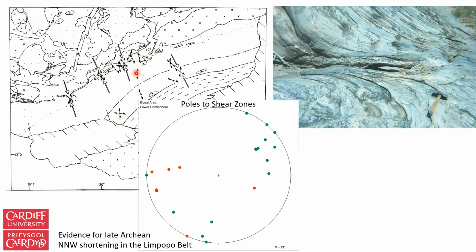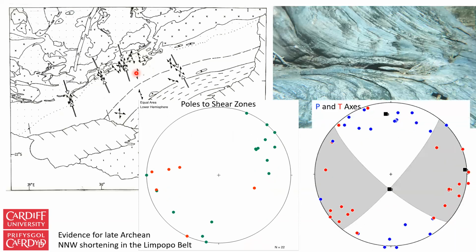If we plot them up, you can see that they fall nicely into dextral and sinistral orientations on the stereonet, and we can do a kinematic interpretation to find the shortening direction for all of those, and it turns out to be this north-northwest directed shortening, very much in line with what Jim Wilson said.